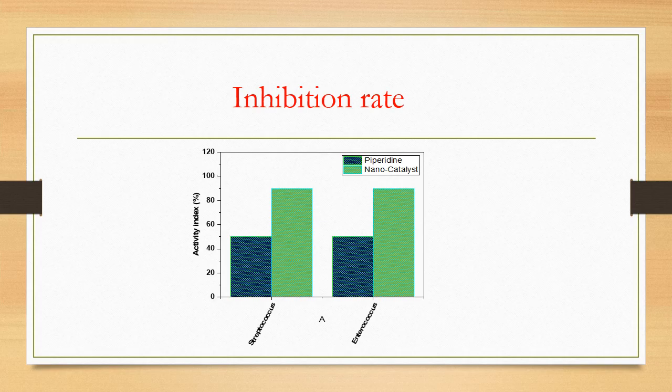And for the other microorganism, Enterococcus bacteria, the product made by piperidine got a 50% inhibition rate, and the one made by nanocatalysis got 90%, double the previous one. And that is the greatest use for the product made by nanocatalysis.